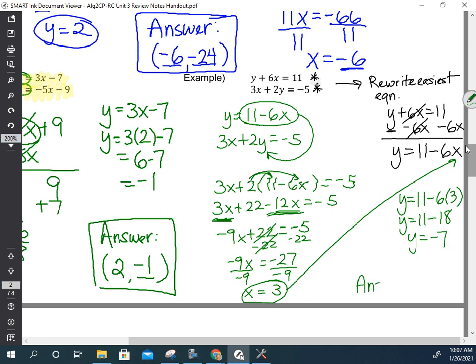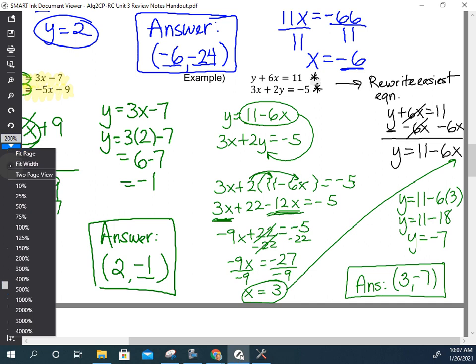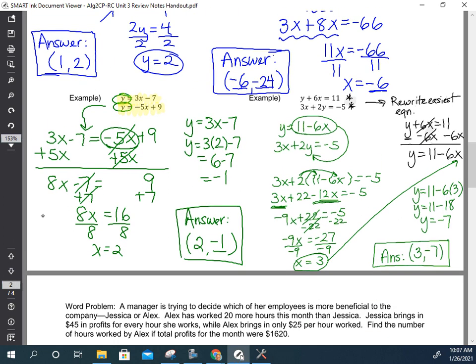So your answer is (3, negative 7). Any questions on the last 2 examples? So it got a little harder.